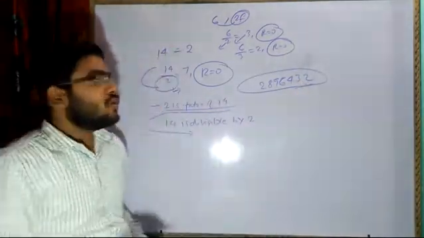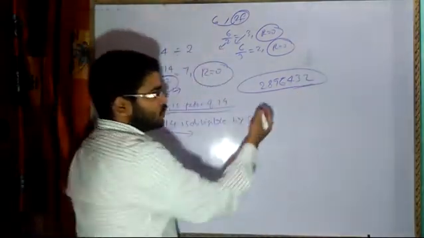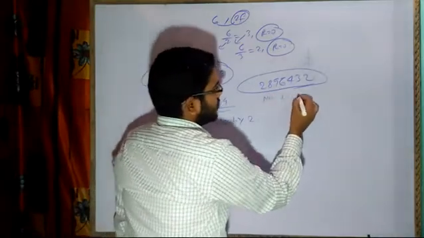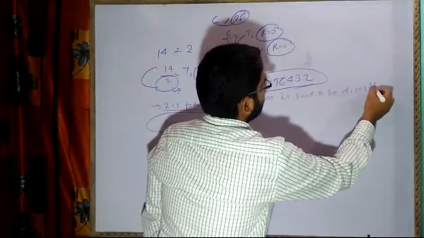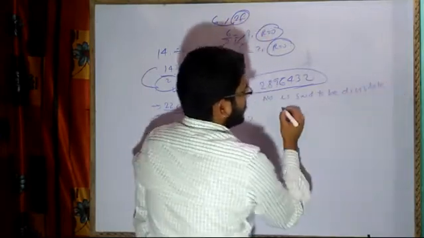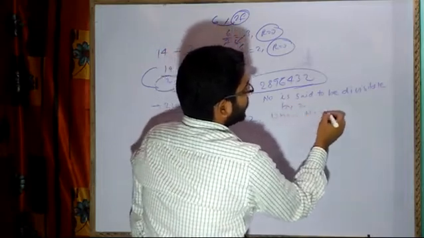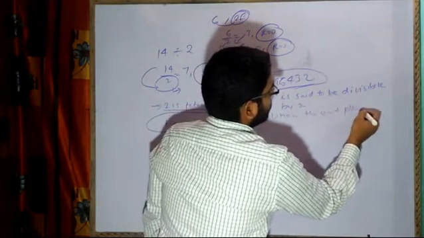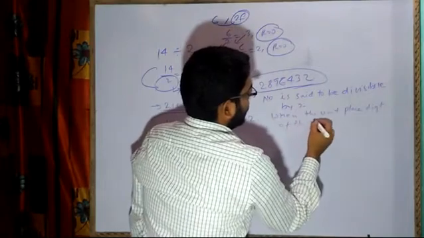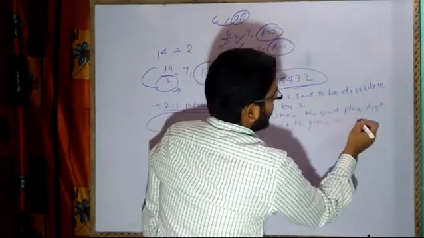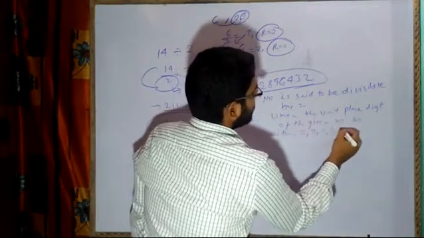How to identify? There is a rule: a number is said to be divisible by 2 when the unit place digit of the given number is either 0, 2, 4, 6, or 8.